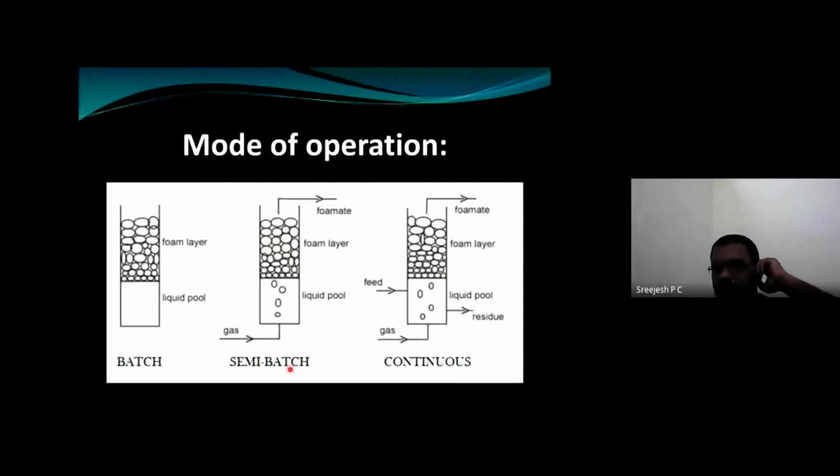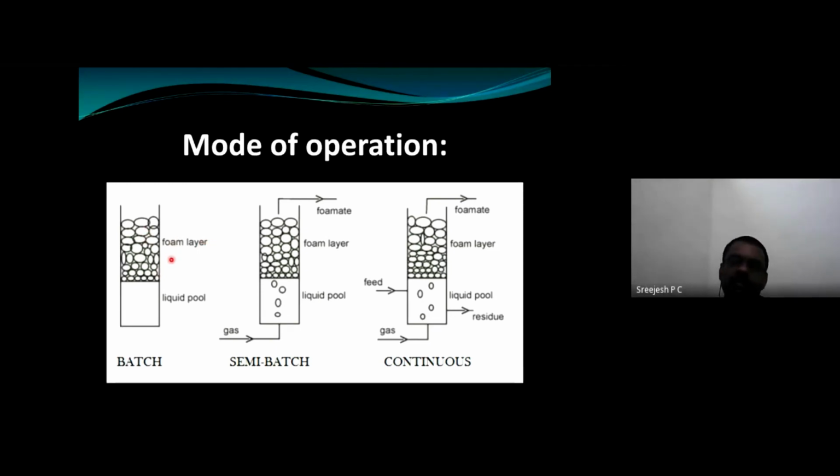Now, we can use the flotation in three different ways. Either as a batch operation, where a particular amount of liquid pool is used, and we are just sparging the air and removing the foam layer.